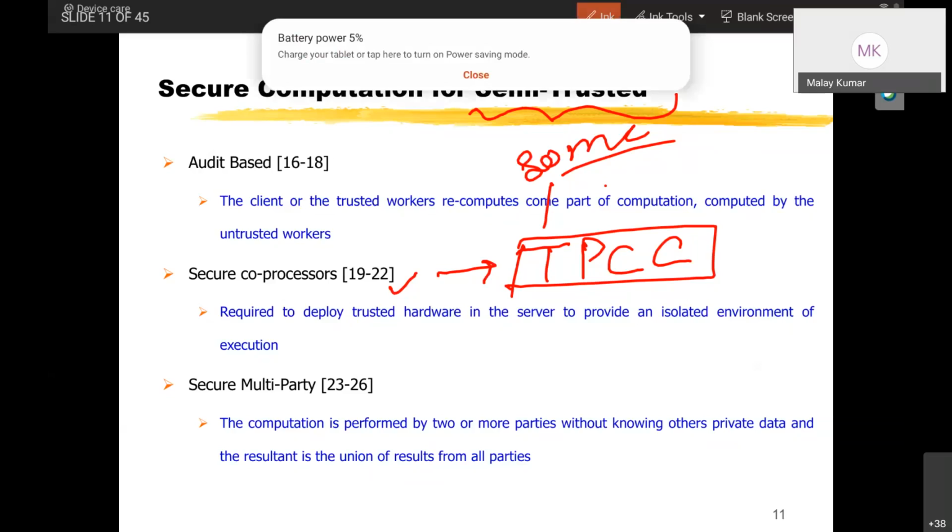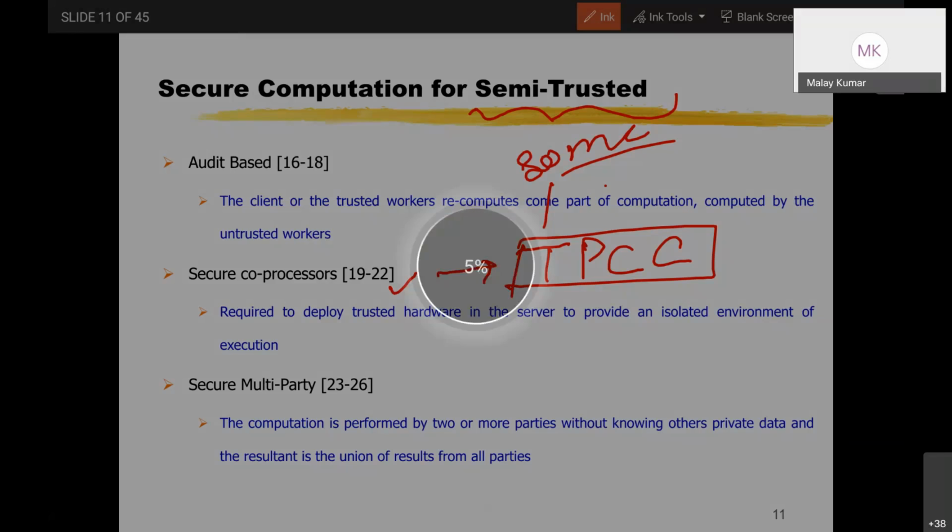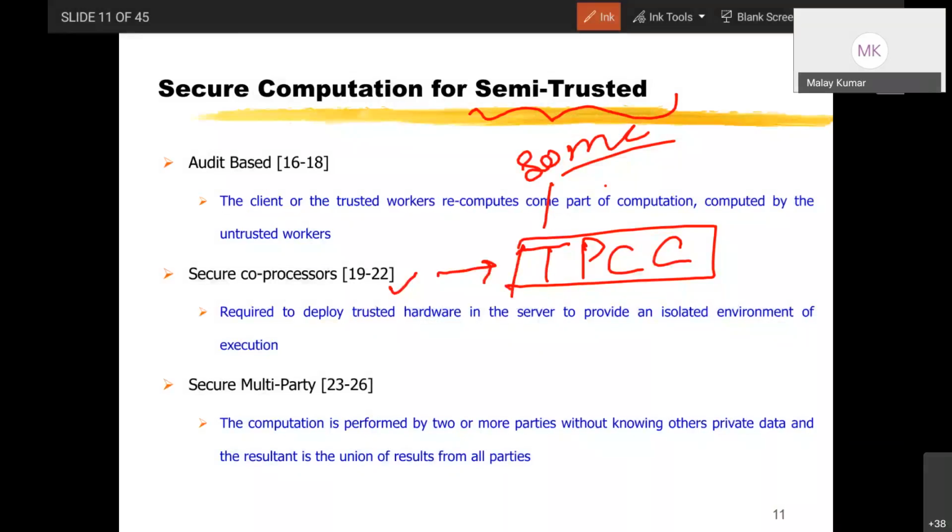Another method is secure multi-party computation.